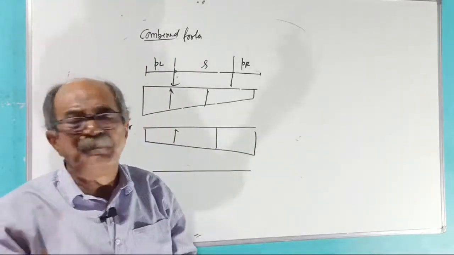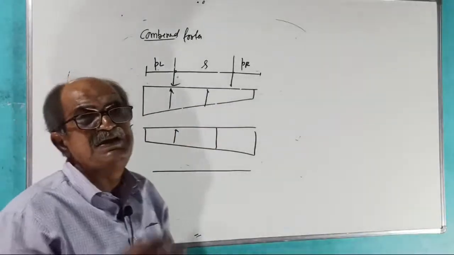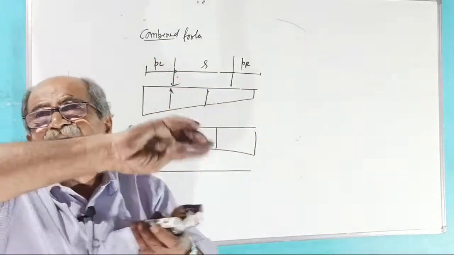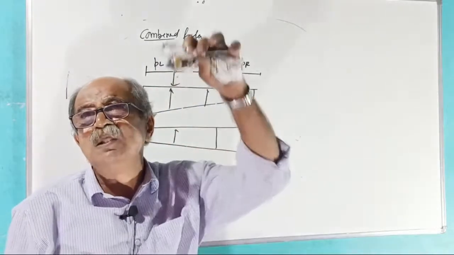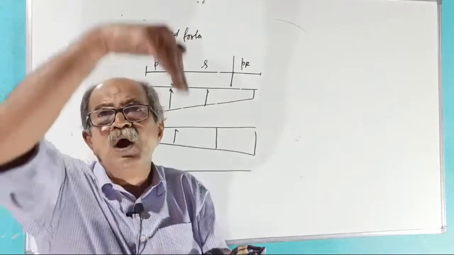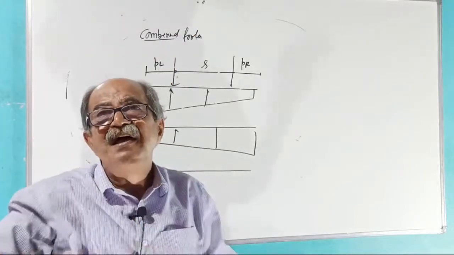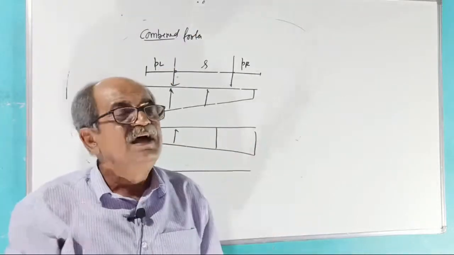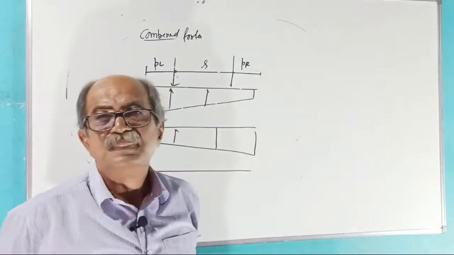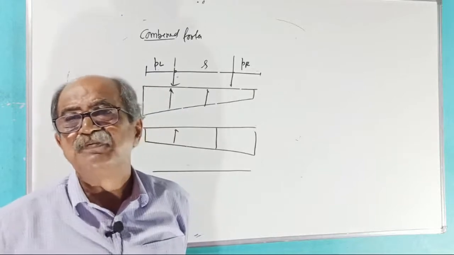By chance, if the resultant of the complete system, when you replace it by a load and couple at the center, if the couple vanishes, if only load comes at the center, it is the rarest of rare case. It never happened in my entire life for practical design.